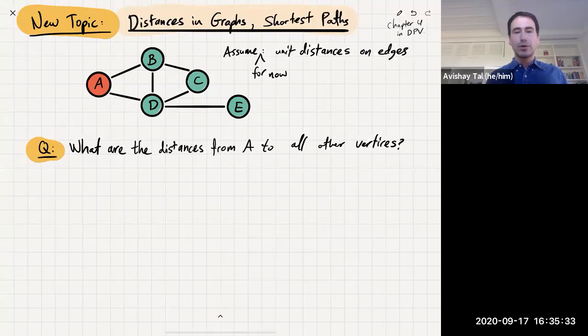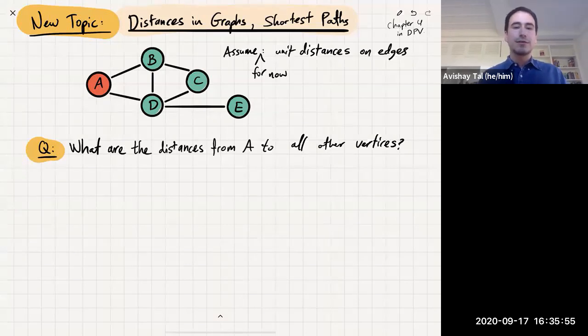And we will also look at more challenging scenarios where we have maybe negative edges, and see how to handle this case.